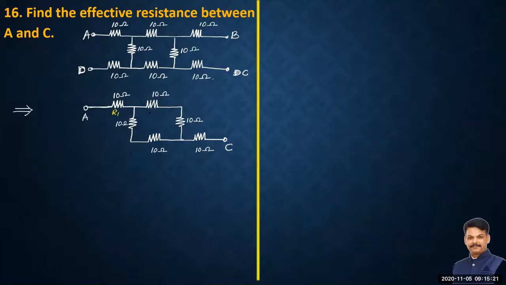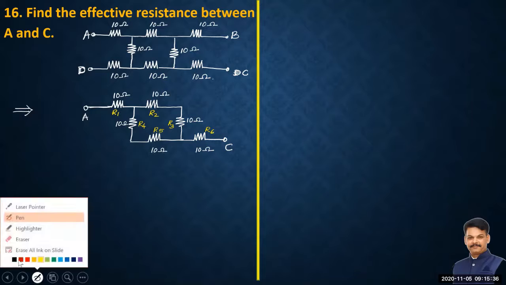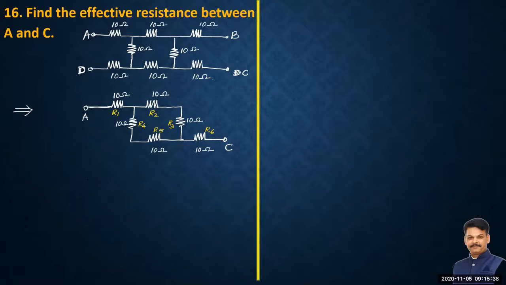I name them R1, R2, R3, then R4, R5, then R6. Hence, R2 and R3 are in series, and R4 and R5 are in series. Because of those 2 we get one effective resistance of series combination.